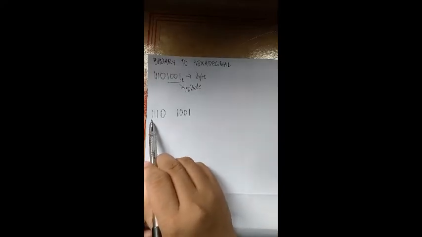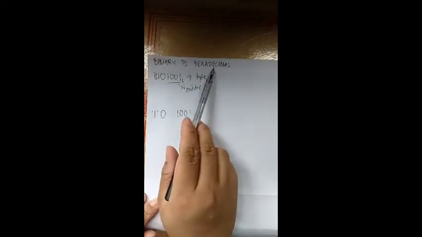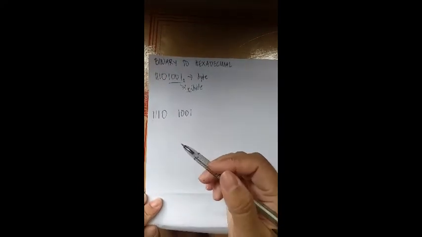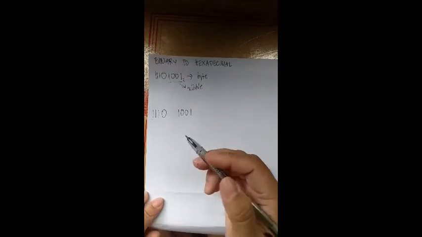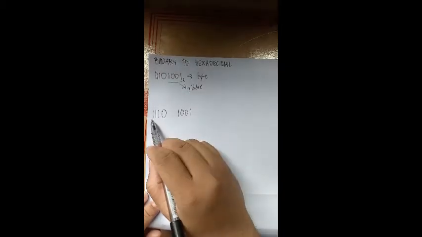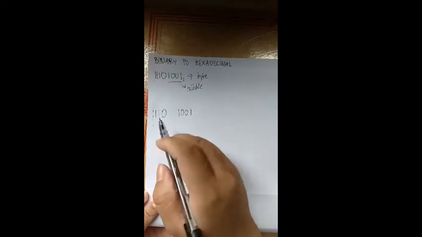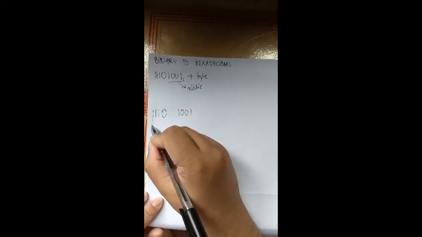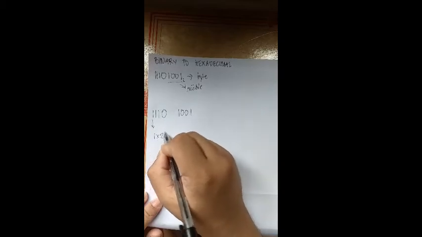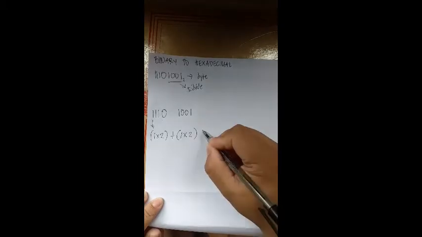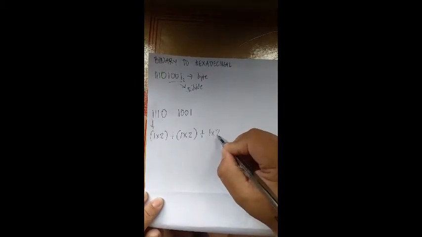So, ang pag-convert sa aton binary to hexadecimal is the same ang process sa pag-convert sa binary to decimal. Ma-assign kita multipliers sa kada binary digit. So, may mo siya 1 times 2 plus 1 times 2 plus 1 times 2 plus 0 times 2.